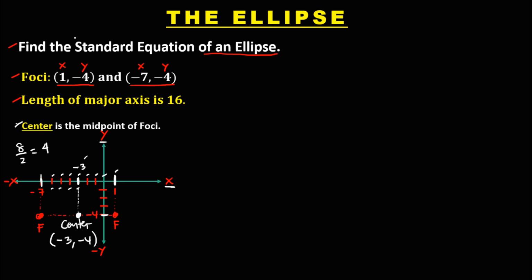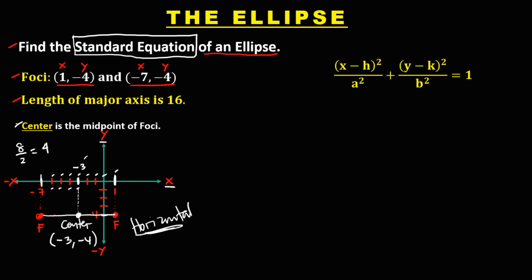Then this time to find the standard equation of this ellipse. Since the foci are in a horizontal position, this ellipse is a horizontal ellipse. The formula for the horizontal ellipse is the quantity of x minus h squared over a squared, plus the quantity of y minus k squared over b squared, equals 1.